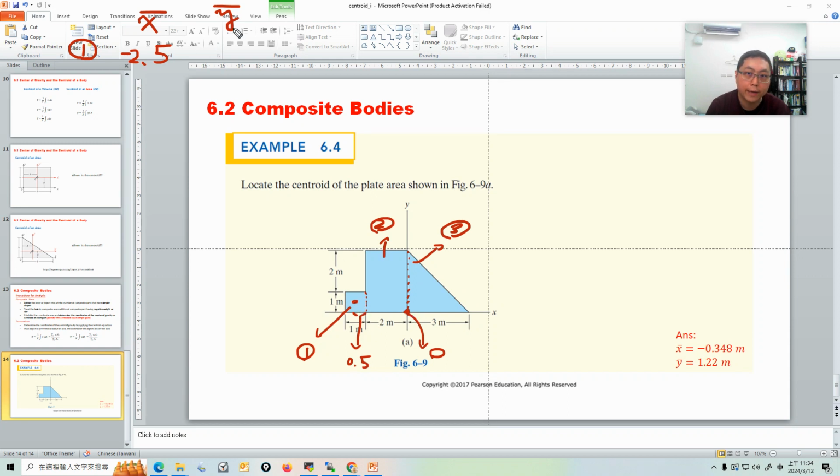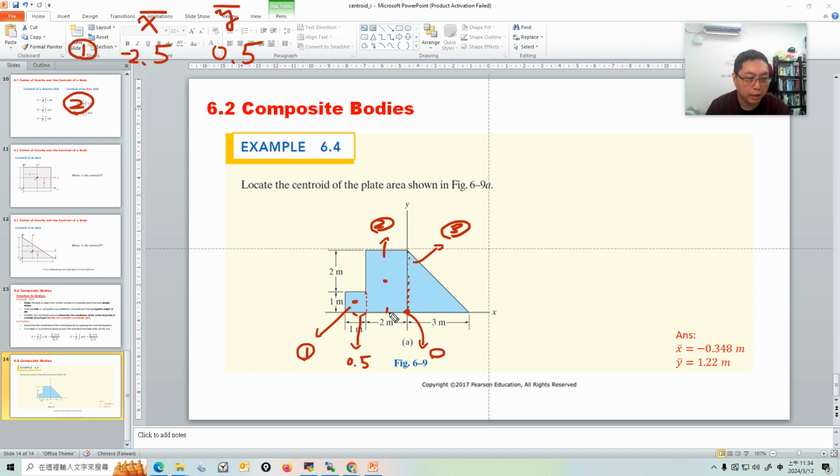What's the y component of the centroid of area 1? This will be 0.5, right? So you divide into simpler shapes and determine the centroid of each simpler shape. That's area 1. What's the centroid of area 2? I think it must be here because the rectangle's centroid is at its center.